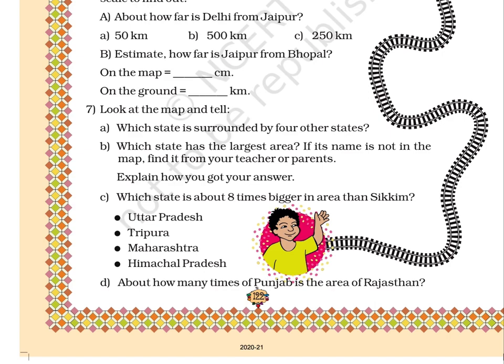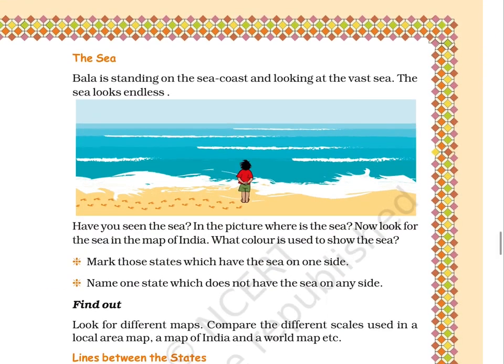Page 123. The sea. Bala is standing on the sea coast and looking at the vast sea. The sea looks endless. Just below the text, there is a picture of Bala standing on the sea coast looking towards the sea. Have you seen the sea? In the picture, where is the sea? Now look for the sea in the map of India.